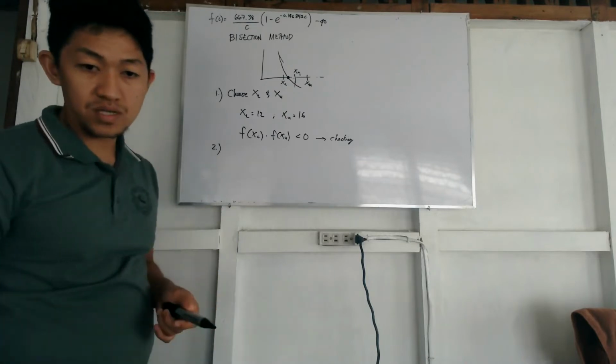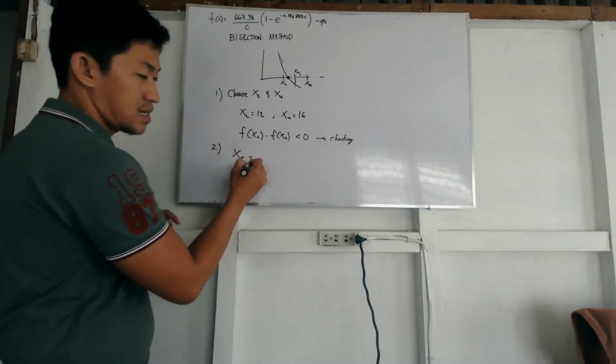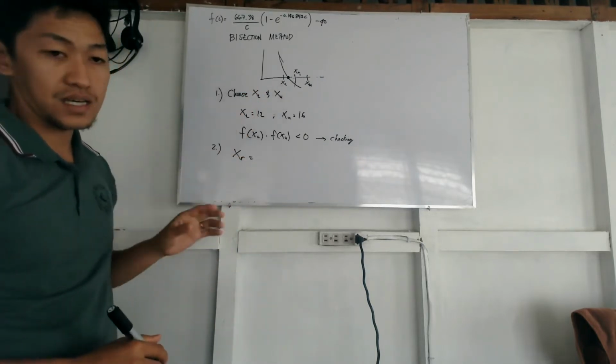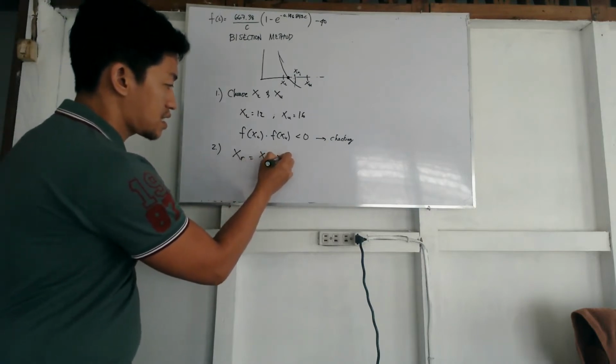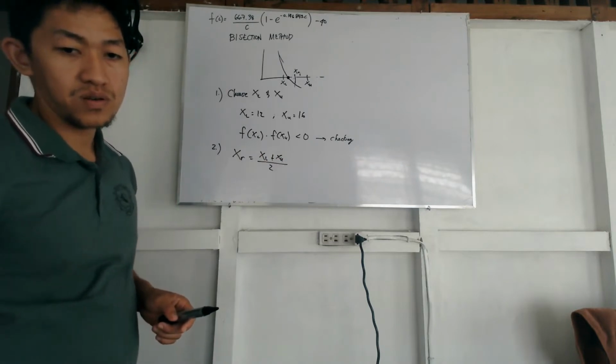Step 2, set the value of the root to XL plus XU over 2. Okay?